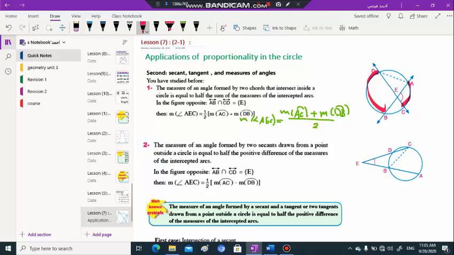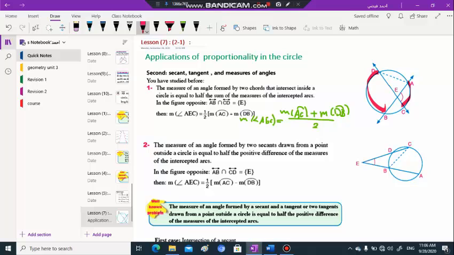If E is inside the circle, we make it plus: the measure of arc AC plus DB, divided by 2. If E is outside the circle and is the result of the intersection of two secants, the measure of angle E equals half the measure of arc AC minus the measure of arc DB.